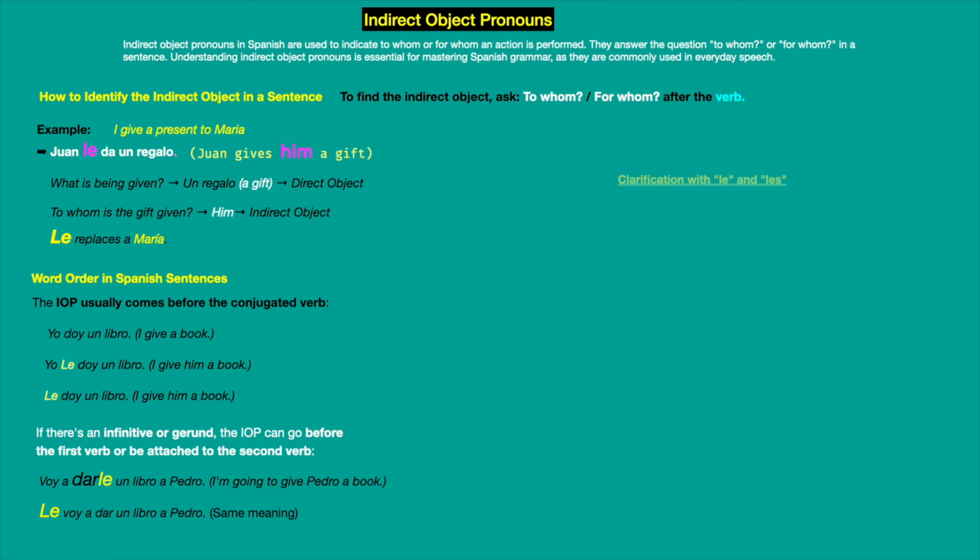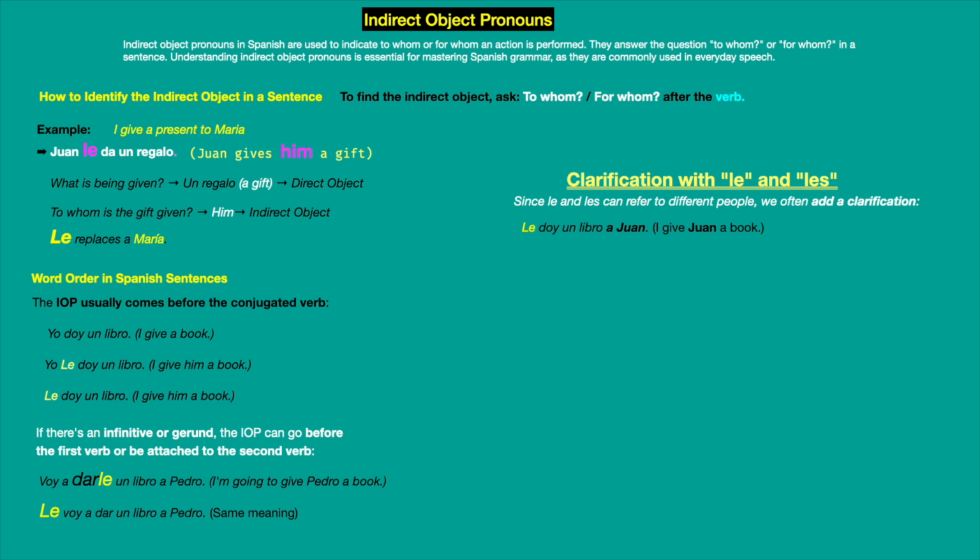So here we have some clarification as well. That is another part of using the indirect object pronoun. Since "le" and "les" can refer to different people, in a conversation we often add a clarification. In English, that's not possible, so I'm going to give you one example first.